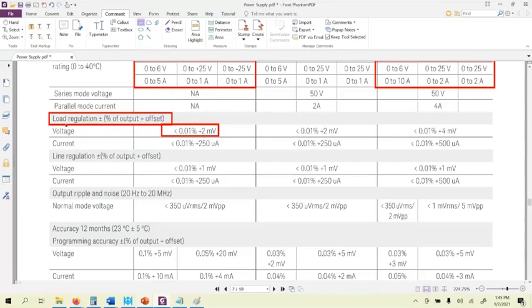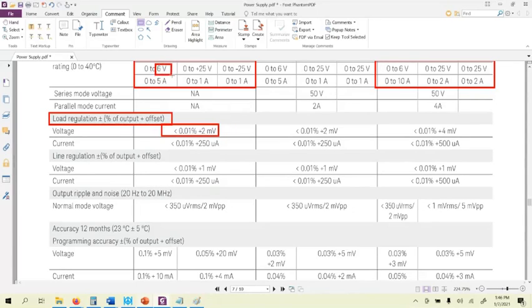Load means the thing that you are using to drive, or connecting with the power supply, like resistors, motors, LEDs, or any other device. So load regulation means, with respect to change in load, how much percentage of the actual voltage is going to change from the power supply's side. For example, here we are focusing on 6 volt.